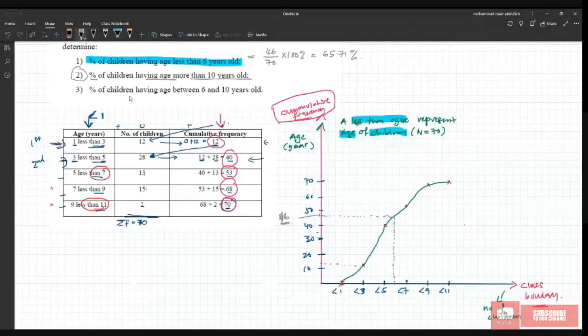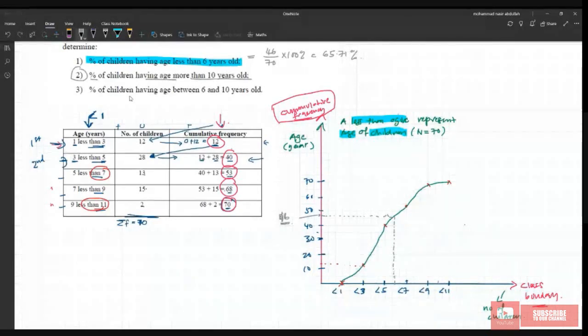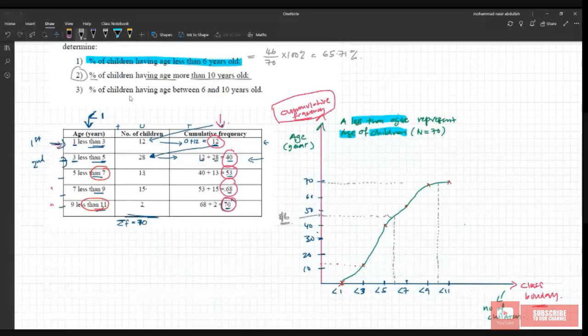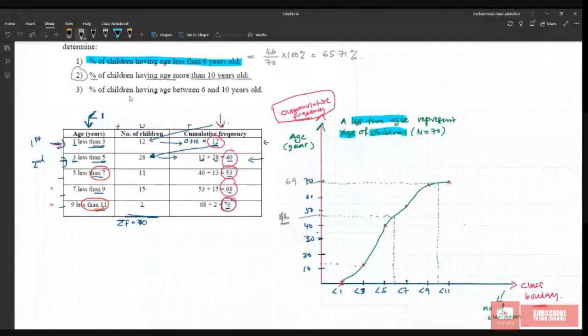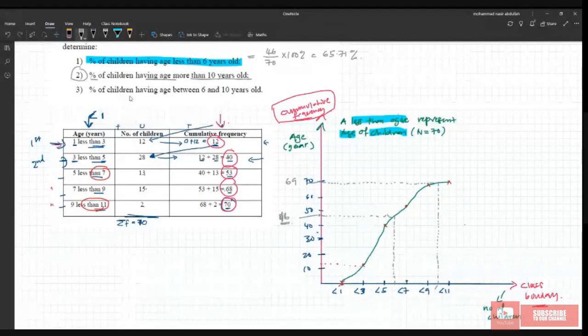So let's say 10 is over here. So this is going to be 69, right? So kalau kita ambil 69 dekat sini, it means that the number of children having age less than 10 years old is 69.